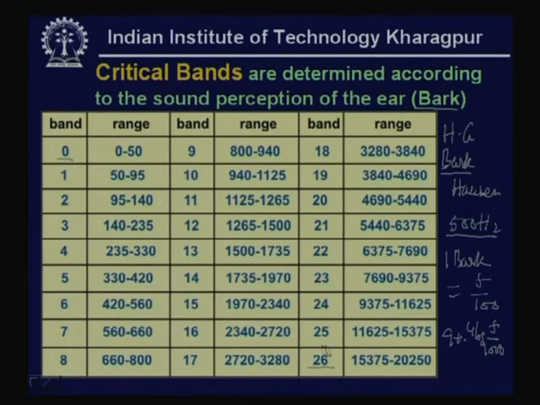On the other hand, in band 26 it is 15375 to 20.250 kilohertz. So, you see the range is much larger in higher bands than the lower bands, essentially because the sensitivity of the ear is lower in higher frequency bands. This is how it is being divided.